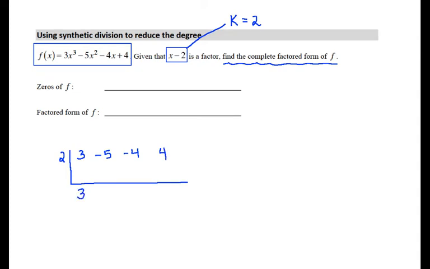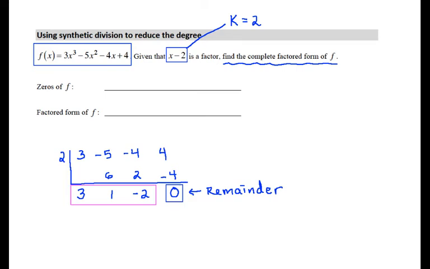to find out what I have remaining after dividing by x minus 2. So a quick synthetic division here gets us, we verify that the remainder is 0, which we expected to happen because we were told that x minus 2 is a factor. So that was my remainder. But what I really want is the quotient. And the quotient is what I get from these numbers, associating them with the correct power of x.